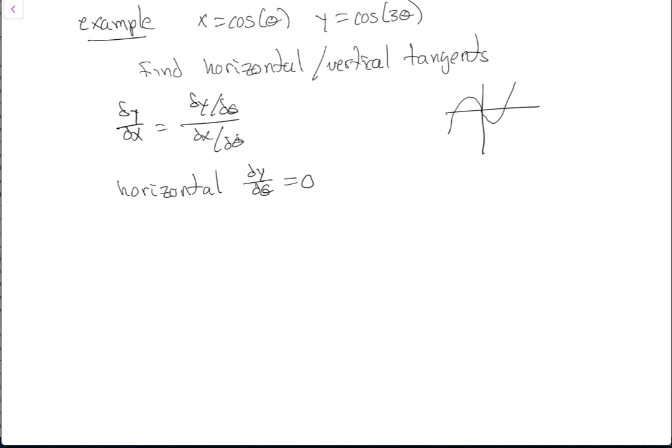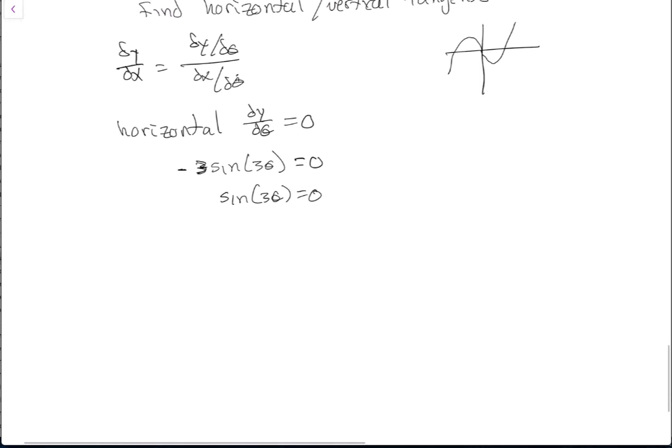In this case, dy/d theta is going to be, what do we got here? The derivative of the outside, the derivative of cosine, is negative sine 3 theta, and then times the derivative of the inside. Let me pull that constant out front, and then we set that equal to 0. So that's where sine of 3 theta is equal to 0.